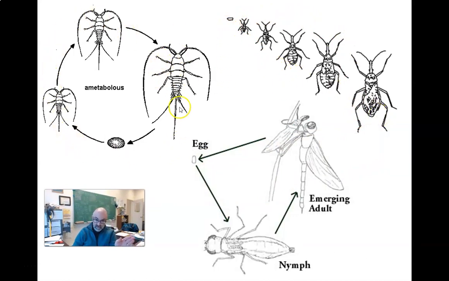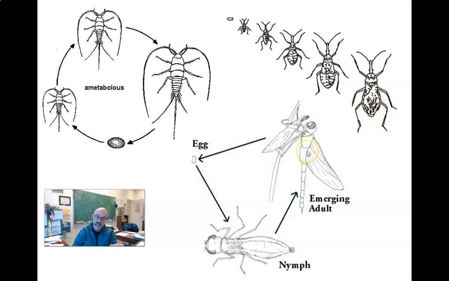Here, this is the silverfish, these creepy things that you find in your pantry. And so basically, a juvenile instar looks just like the adult instar. Here, this is a true bug like stink bugs, milkweed bugs, assassin bugs: egg, nymphal stage, and then as they become adults, they gain their wings.